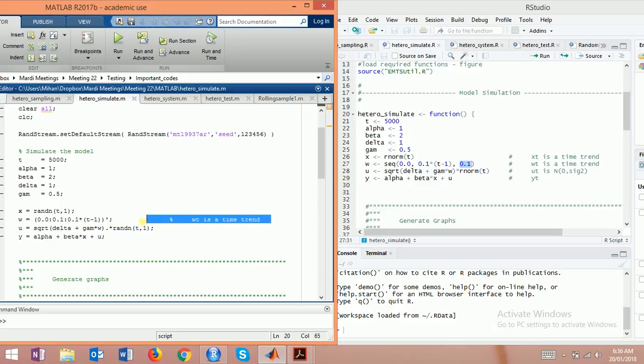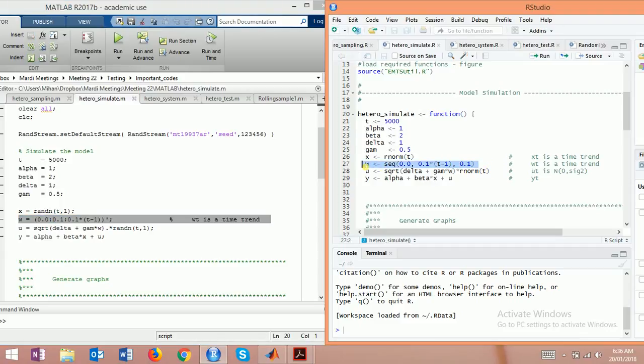This is the tweak. We never tried estimating omega before. Very simple: the sequence starts from 0, goes up until t minus 1 period, multiplied by 0.1 each time. It will increase by 0.1. u is, as we know, the square root of delta plus gamma omega.